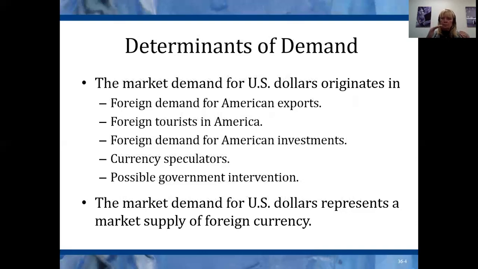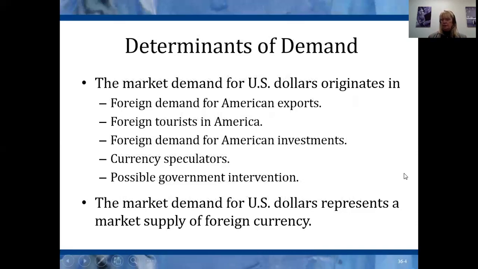If people are demanding US dollars, well, they're supplying their local currency. They sell their currency in order to buy our currency so that they can use our currency to buy these goods or services that we have for sale. So these things are always going to offset.